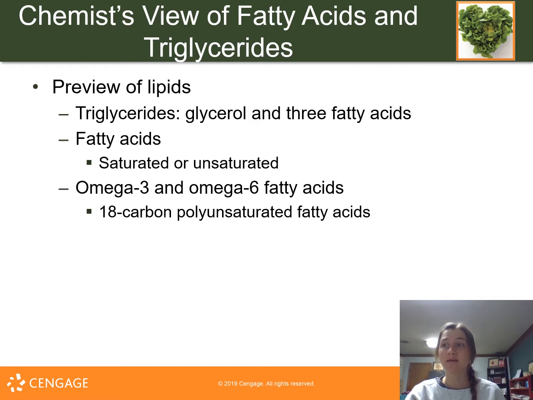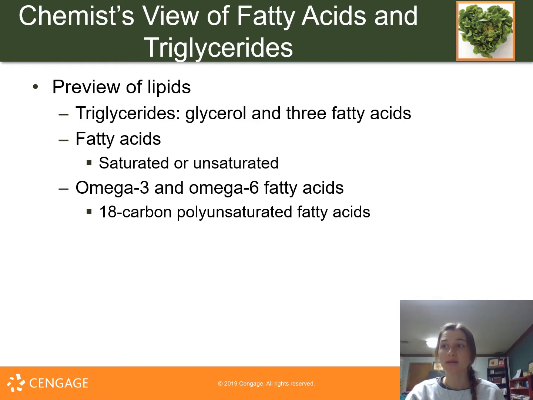18 is the most common, and that's seen as the saturated fat or the unsaturated fat in your foods. That's going to be that 18 carbon chain. There are specific names for that fat in particular. With the 18, for the saturated, it's stearic acid, and for the monounsaturated, it's oleic acid.